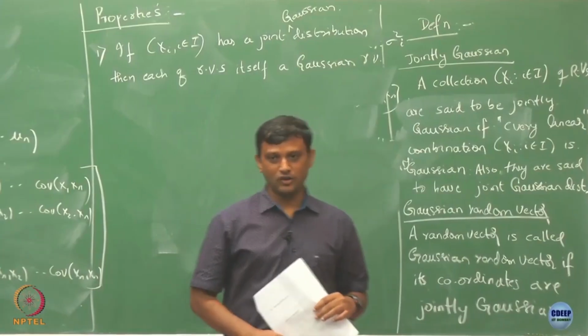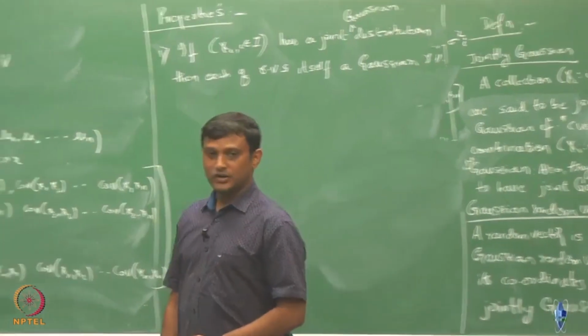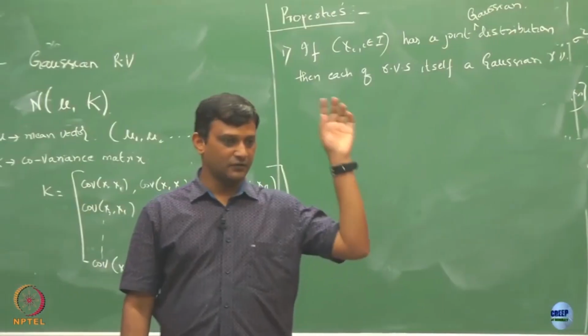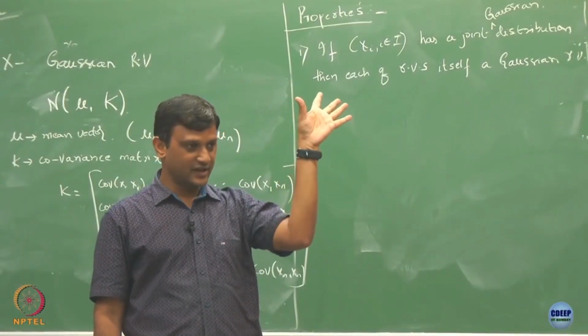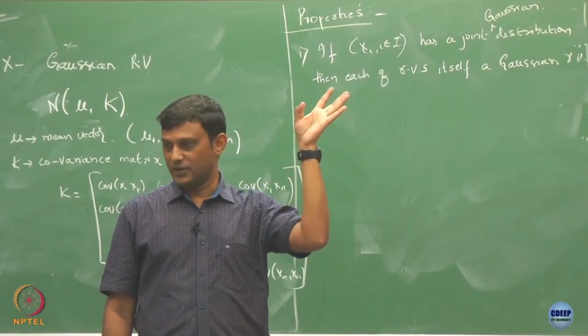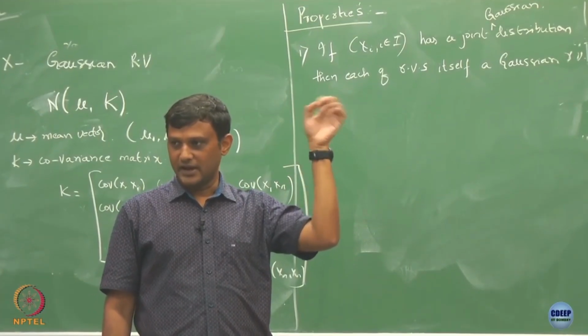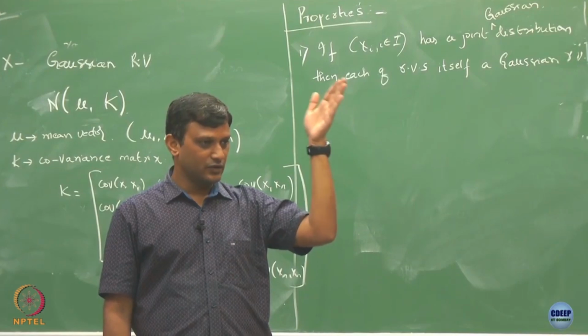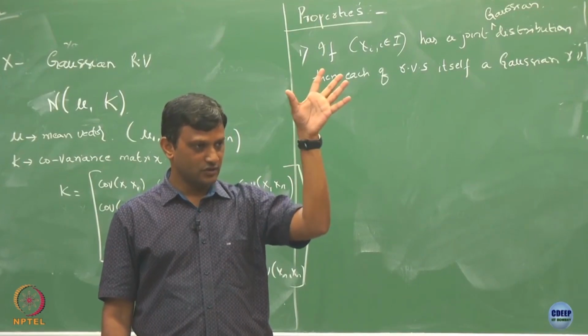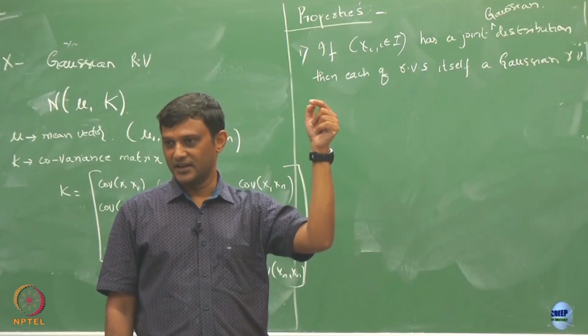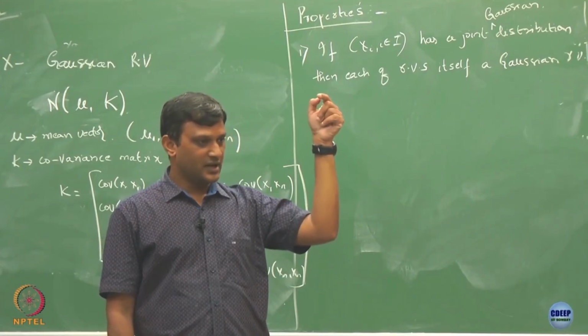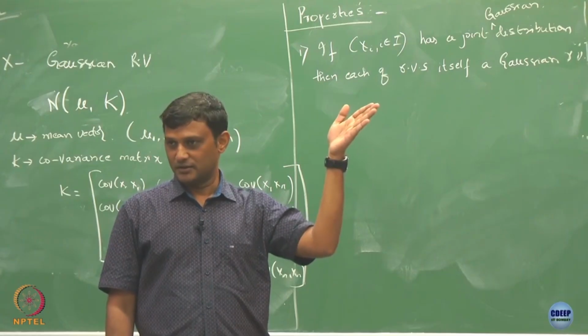In this, I have to choose A1, A2, all the way up to AN. These are the weights. I can choose A1 to be some non-zero value and set all the others, A2, A3, all the way up to AN, to 0. In this case, A1 x1 must be Gaussian.